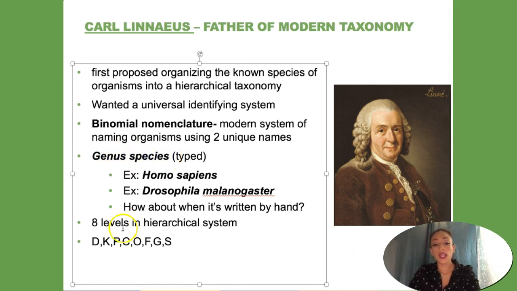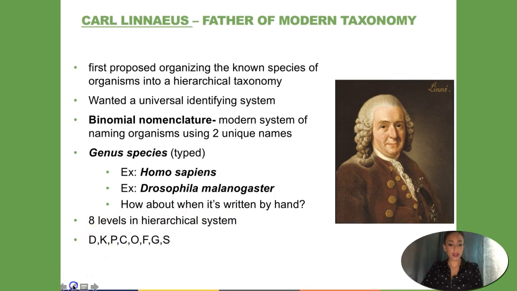The 8 levels in the hierarchical system, you will need to know these as well. I abbreviated these right here down below. We're talking about domain, kingdom, phylum, class, order, family, genus, and species.